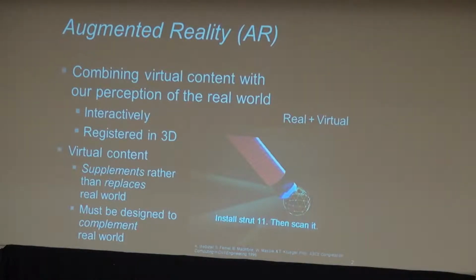The virtual content needs to be designed in such a way that it complements the real world, that it knows about what's there, that it doesn't obscure things that are important, and that in some cases it may itself be obscured by things in the real world that are important.